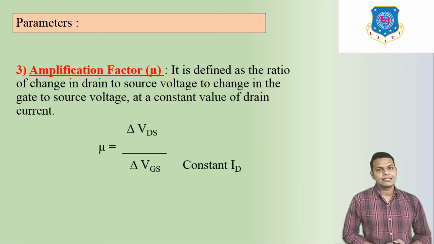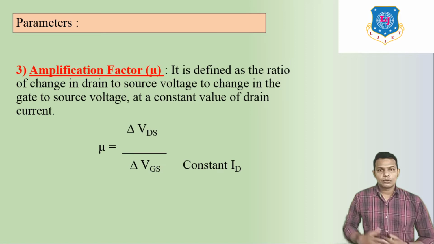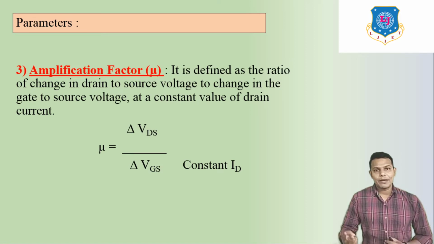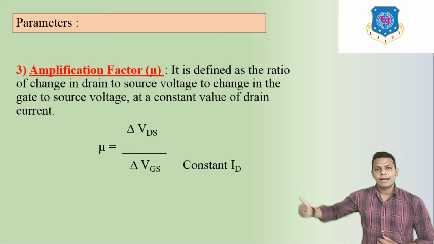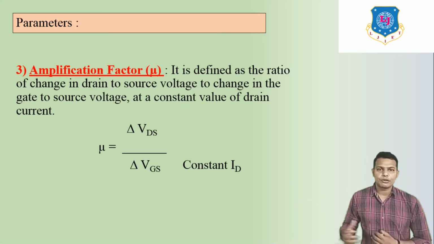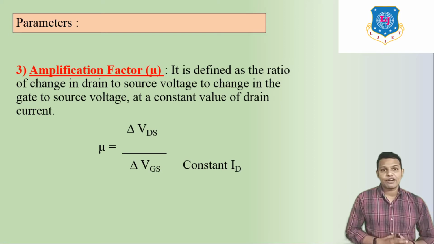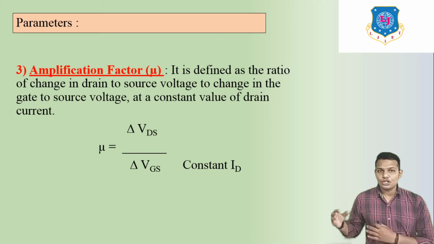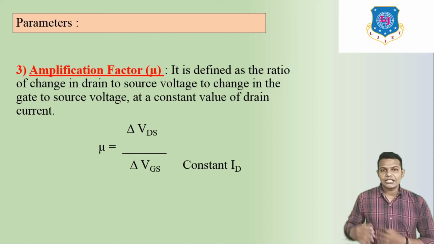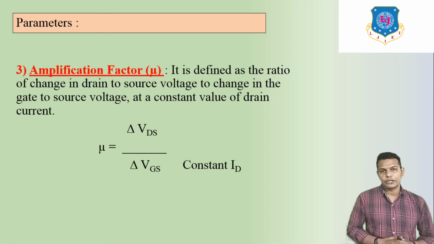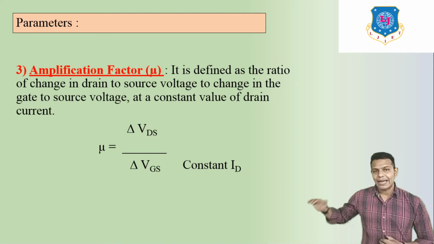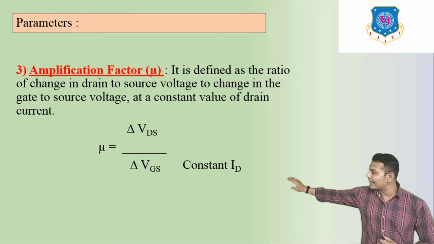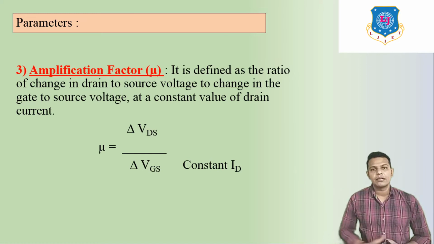Now this is the third. If we combine the two parameters, we get the amplification factor, which is denoted as mu. It is defined as the ratio of change in drain to source voltage to change in gate to source voltage at a constant value of drain current. So we can write mu is equal to delta VDS upon delta VGS at constant ID.